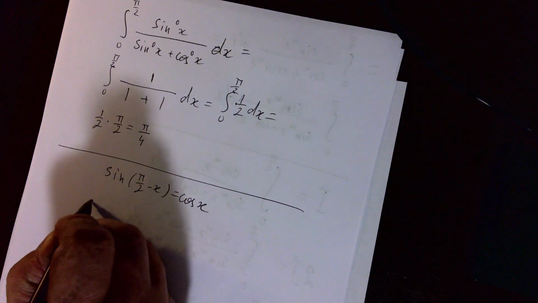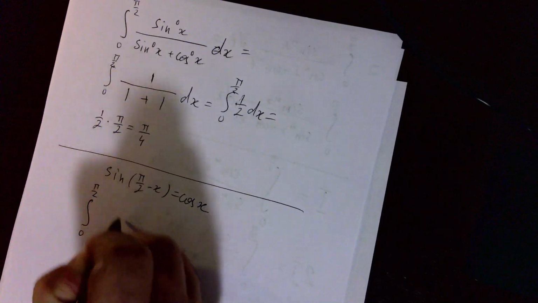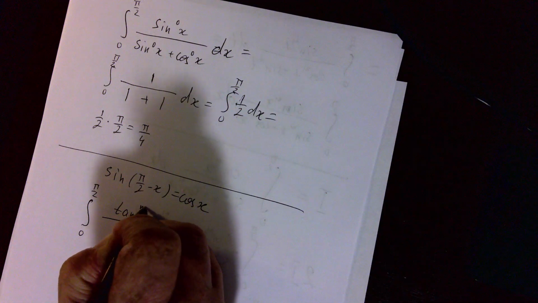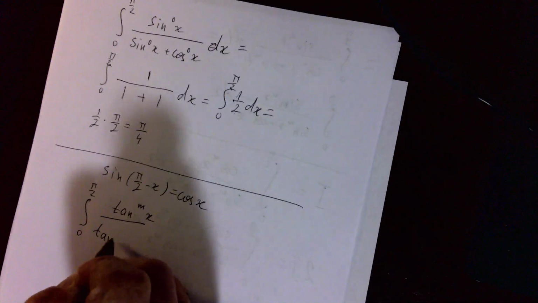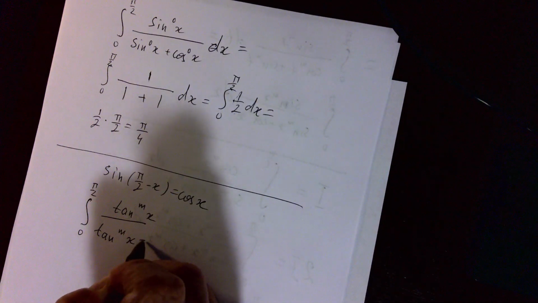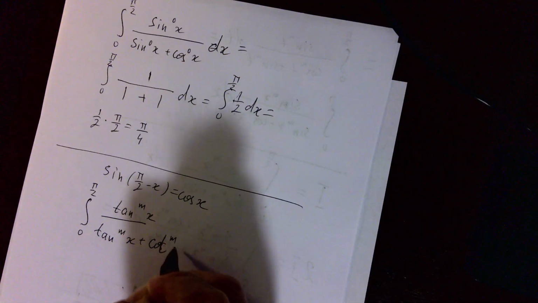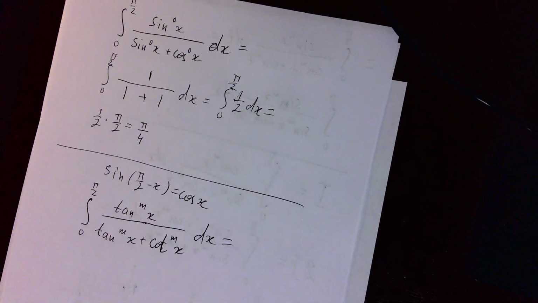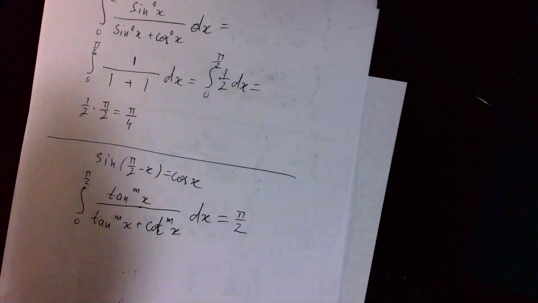For instance, I can write the integral from 0 to pi over 2, let's say, tangent to the power m x over tangent to the power m x plus cotangent to the power m x dx. And the result will be absolutely the same. It also will be pi over 2.